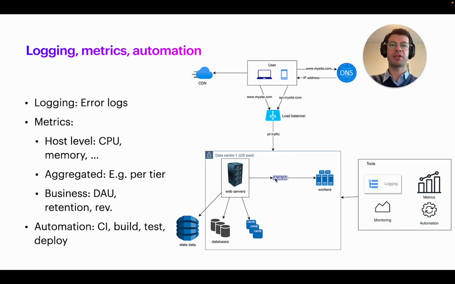So now we include a message queue, which helps our system become more loosely coupled, especially for asynchronous tasks. And we will also be improving our failure resiliency. And here we also have the logging, metrics, monitoring, and automation, more like DevOps tools, included in our system.